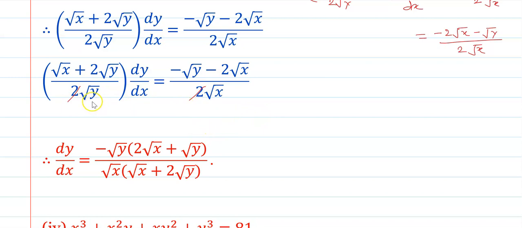Then the root y of the denominator comes to the numerator. Take the minus sign as common. Therefore, you will get first dy by dx on the left hand side, only dy by dx remains. From both of these we take the minus sign common. If you take the minus sign, then you will get root of y plus 2 root x. Okay. And to the denominator, what you will get here? Root x.